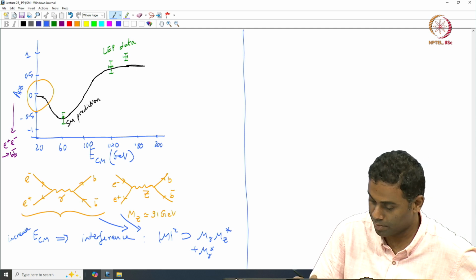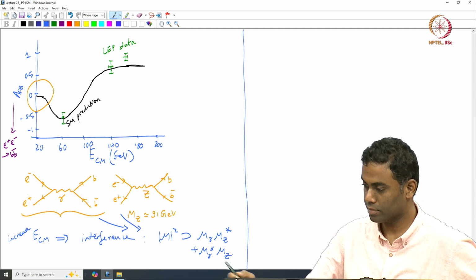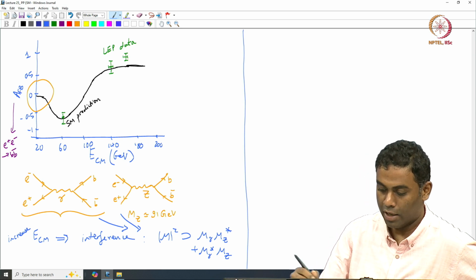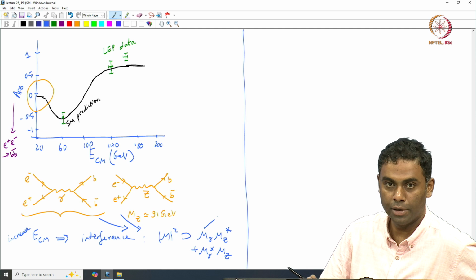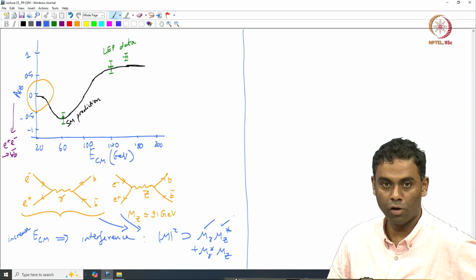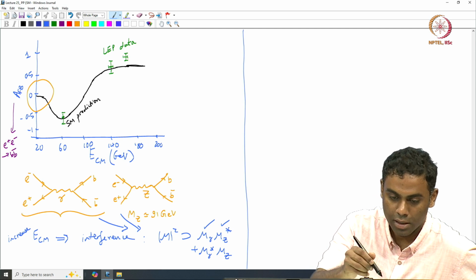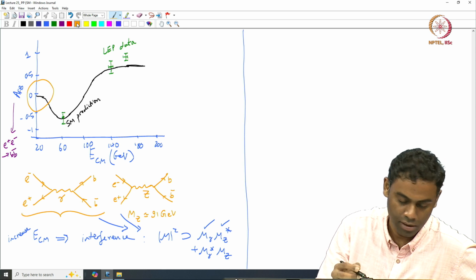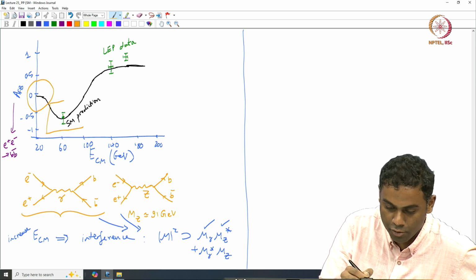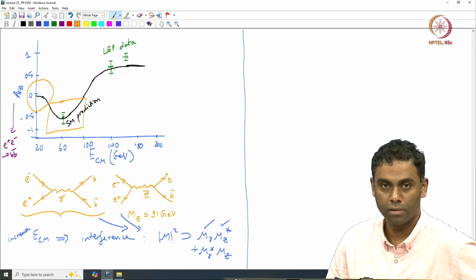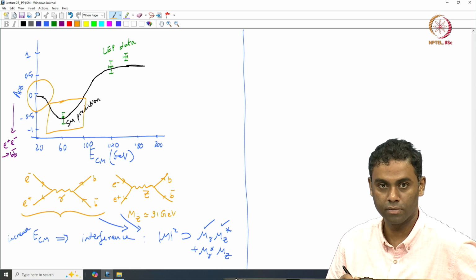So you have interference between a QED amplitude and some other amplitude involving the Z boson, which is a little more complicated. But the point is that because of this interference in this region, you are already seeing the effects of parity violation even before you hit the Z boson properly, even before you pump in enough energy to make the Z boson in your colliders.